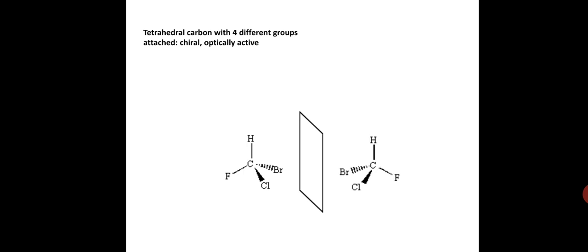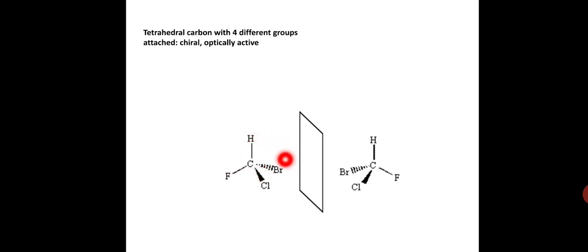Coming to organic compounds or molecules, the simplest case is a carbon that is sp3 hybridized, in a tetrahedral state, attached to 4 groups. If the 4 groups are different, this carbon will have a non-superimposable mirror image, and hence it will be optically active.